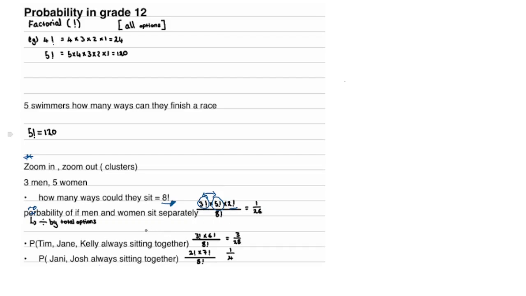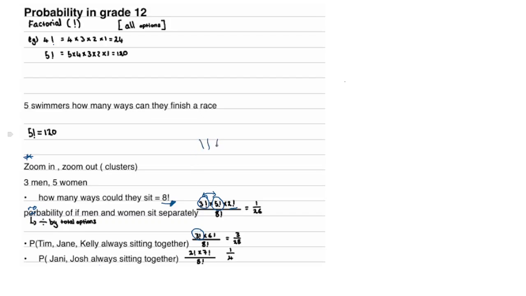So let's think of that with specific names. What's the probability that Tim, Jane and Kelly will always sit together? So that's 3 people. So I zoom in, and there's 3 of them, and then I zoom out, and it helps to almost use your fingers. Picture that you've got your 8 fingers, and the 3 of them, because they're always sitting together, they count now when I zoom out as if they're one entity.